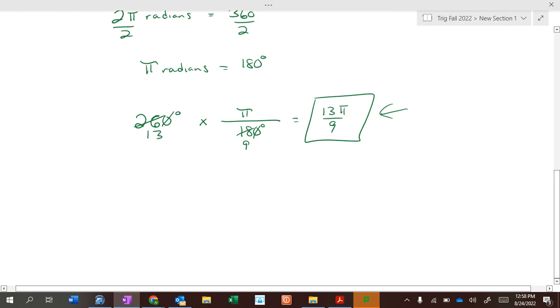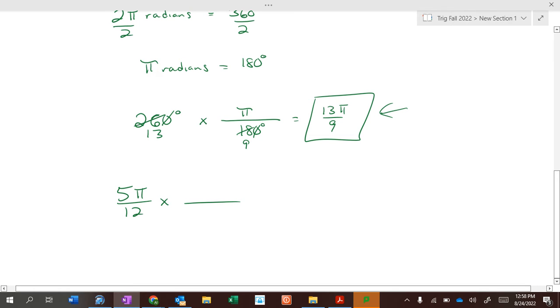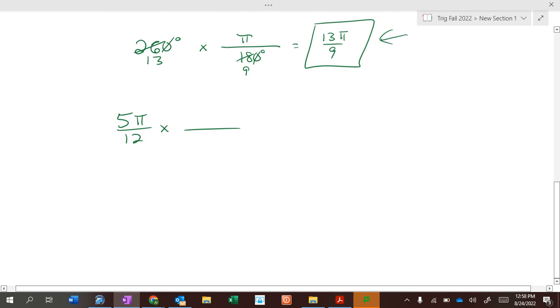Okay. So let's take radians and turn them into degrees. How would we do that? Instead of multiplying by pi over 180, we multiply by 180 over pi. What we're converting to goes on the top, what we're converting from goes on the bottom. So 180 degrees goes on the top, pi radians goes on the bottom.